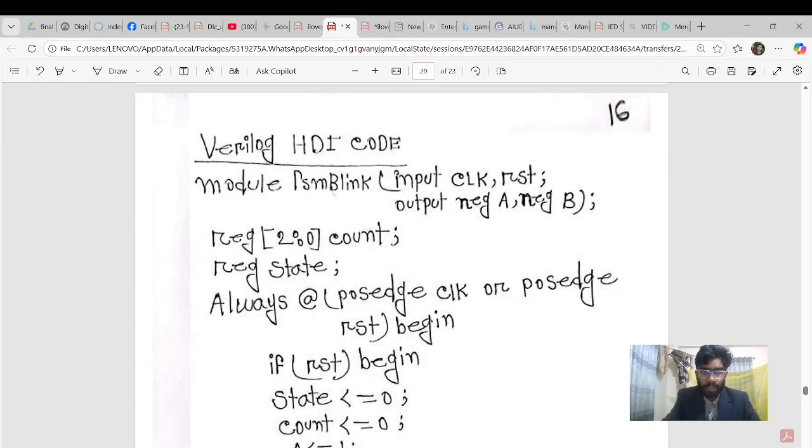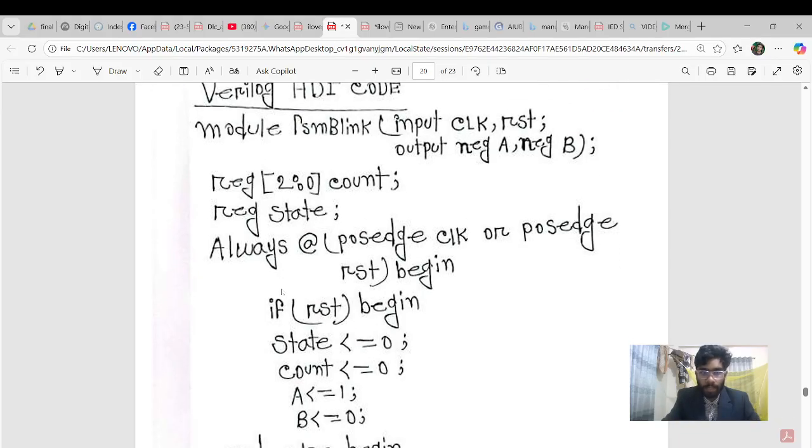Module FSM blink, input clock, RST, output reg A, reg B, reg [2:0] count, reg state. always at posedge clock or posedge RST, begin.